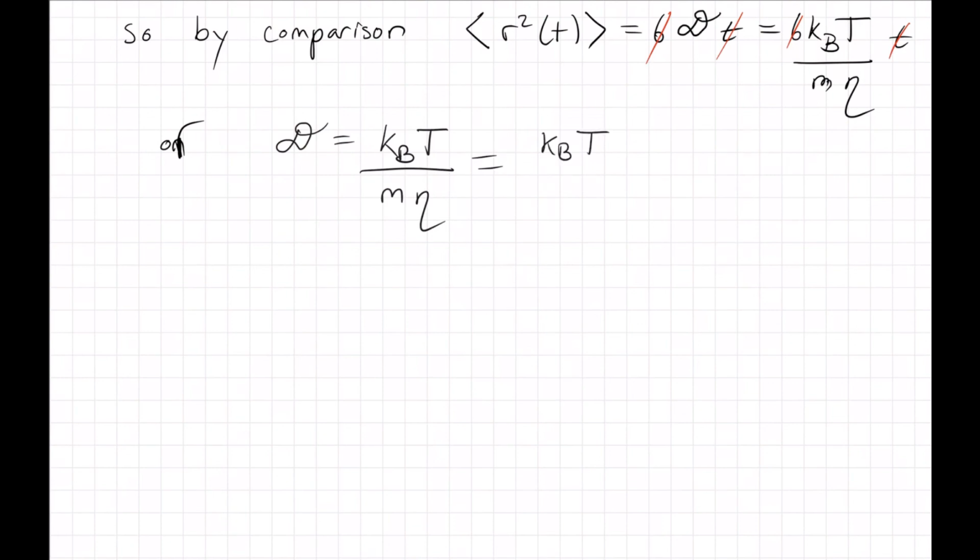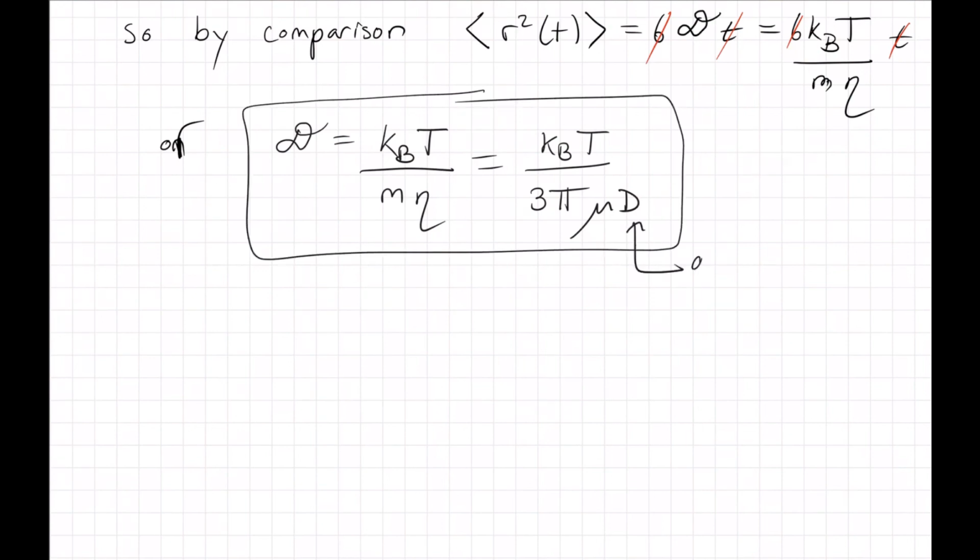I'll write it this time in terms of the viscosity and diameter, which is probably the more practical way to use it. So here, d is the diameter of the impurity or molecule that's in the fluid, and mu is the dynamic viscosity in units of Pascal seconds.